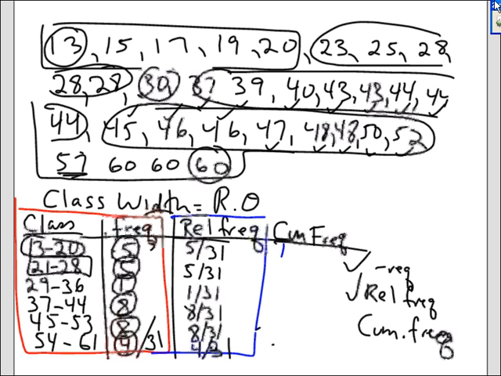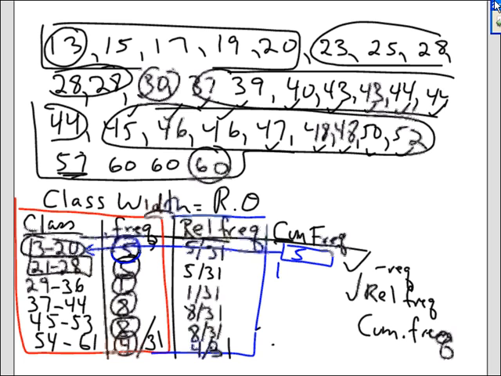The number that goes here answers the following question. Go to the class, the right endpoint, the upper class limit is 20. How many people got 20 or below? And the answer is, since it's the first class, it's just 5.